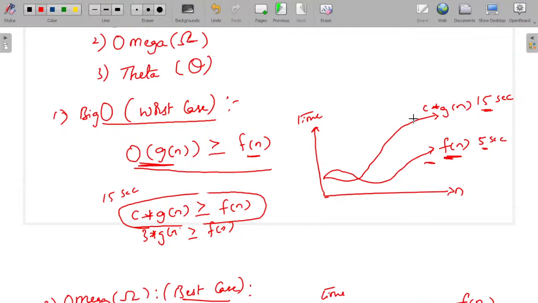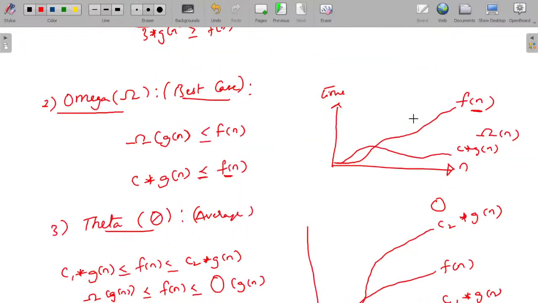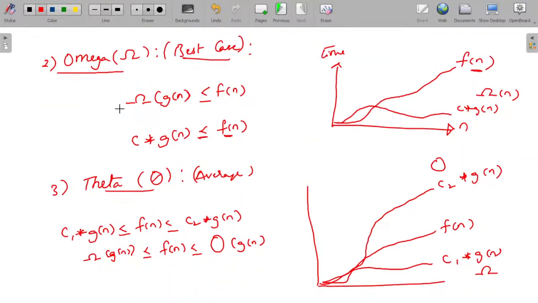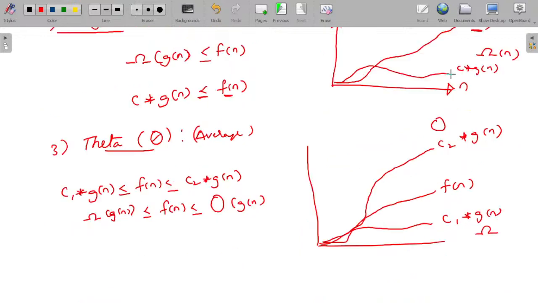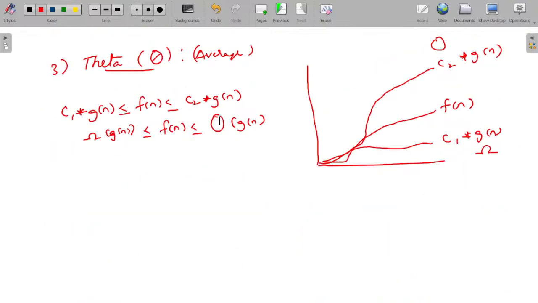Omega notation is used to represent the best case time complexity, and it is always less than f of n or the reality time. The last notation is theta notation, which represents both the lower bound and the upper bound time complexities, and that is why we make use of two different time complexities here. Hope you understood asymptotic notations, and if you have any questions, you can mention them in the chat.